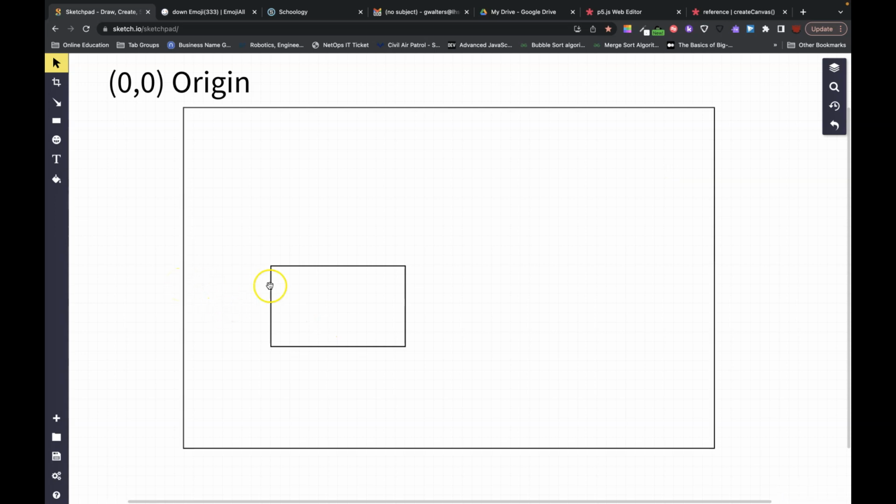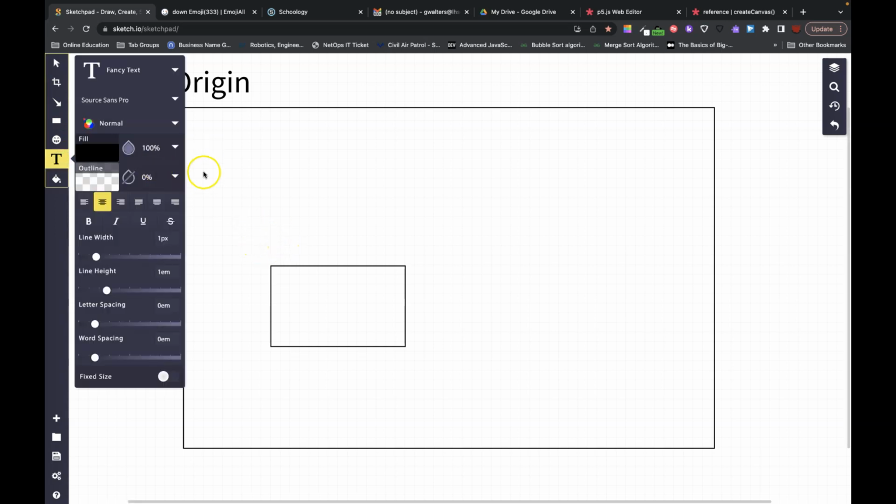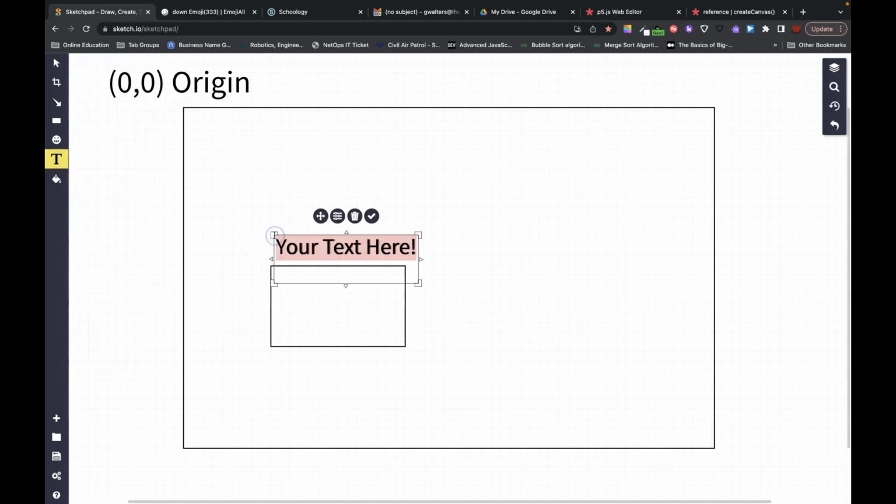Unless I change the origin, if I'm not using any built-in variables, I'm doing it off of this. So this rectangle is built from, let's say I did rect and I'm doing 100, and this might be 200, and I have some width and height for it. Let's say it's probably 75 and 50.